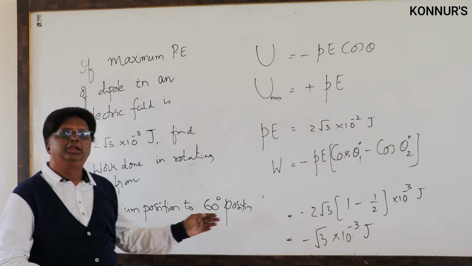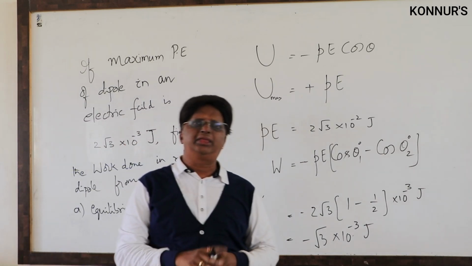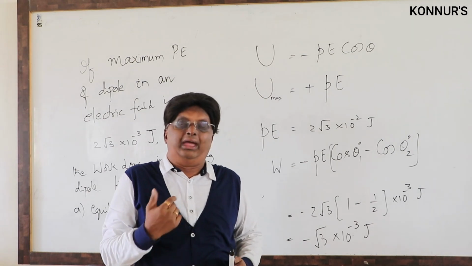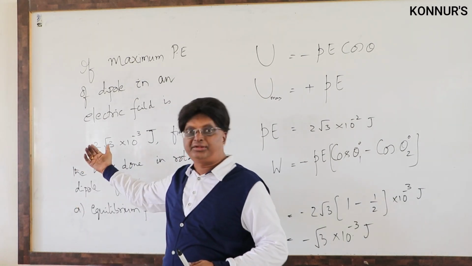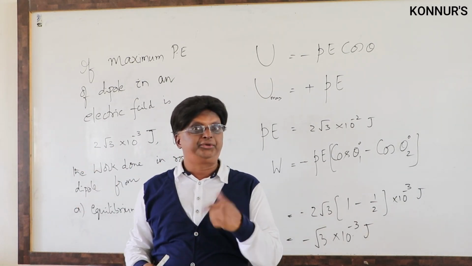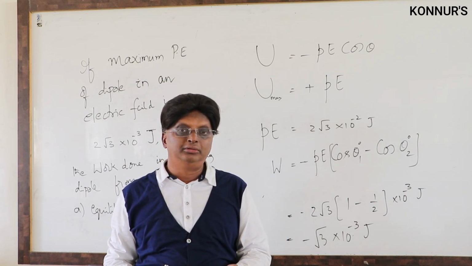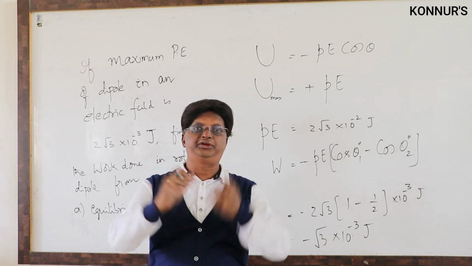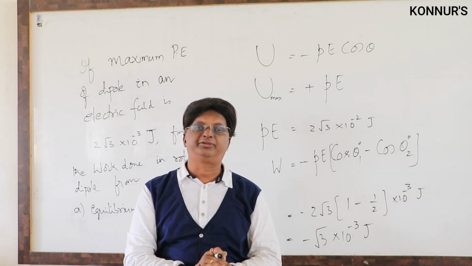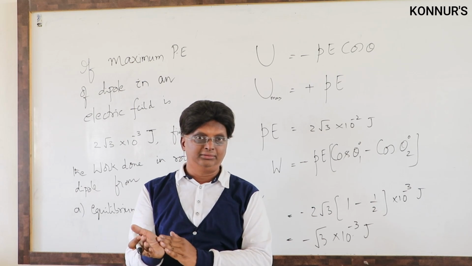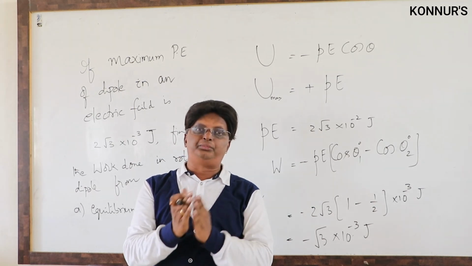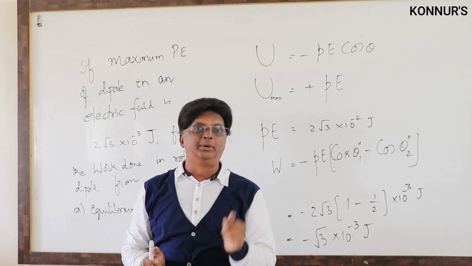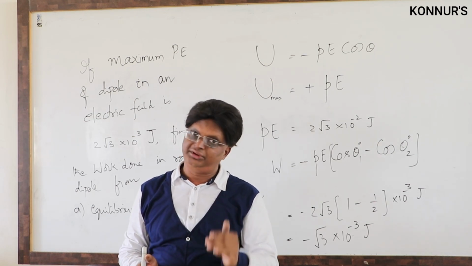Root 3 millijoule. Now the same, another simple question can be: maximum potential energy is given, what is the maximum torque experienced by the dipole? Remember, torque is P bar cross E bar, which has the sin theta term. Maximum torque is equal to P times E. Therefore, the maximum potential energy, the magnitude, is the same as the maximum torque experienced by the dipole.